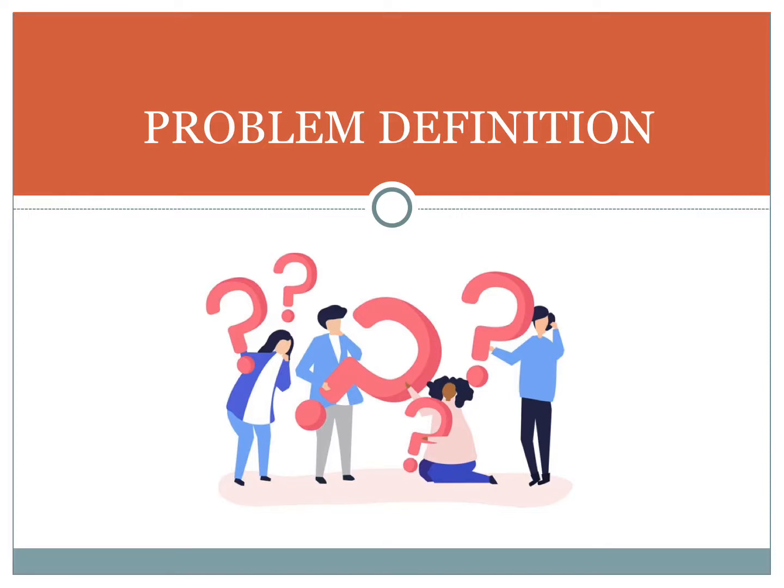This is a problem, right? But it need not always be something like that. Sometimes your research question could be something like what Abraham Maslow faced. What is it that motivates people? Right? And this is how you could have a question.